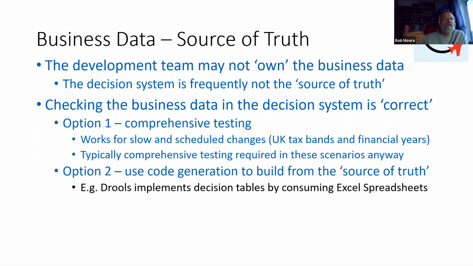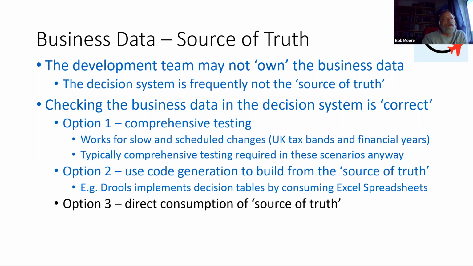So all you need to do then is basically have a relatively simple technique for generating your Excel spreadsheet from the source of truth, which is fairly straightforward. And indeed, quite often you'll find that the business actually have the source of truth stuffed away in an Excel spreadsheet to start with.